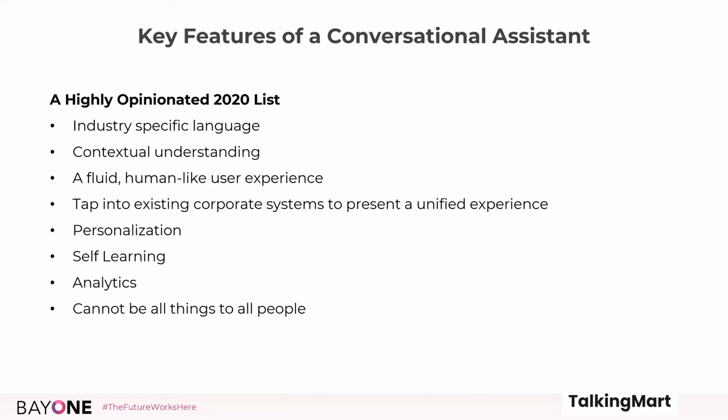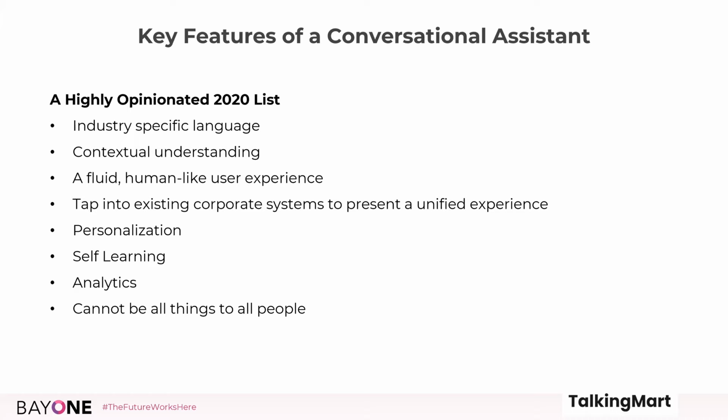So now that we've looked at a little bit of the architecture here, looked at the components, looked at what the ecosystem looks like, I wanted to give my highly opinionated list of the things that are important in 2020 when you are out to build a conversational assistant. Now, in my mind, these problems have still not been solved. There is still plenty of scope for getting some of these right.